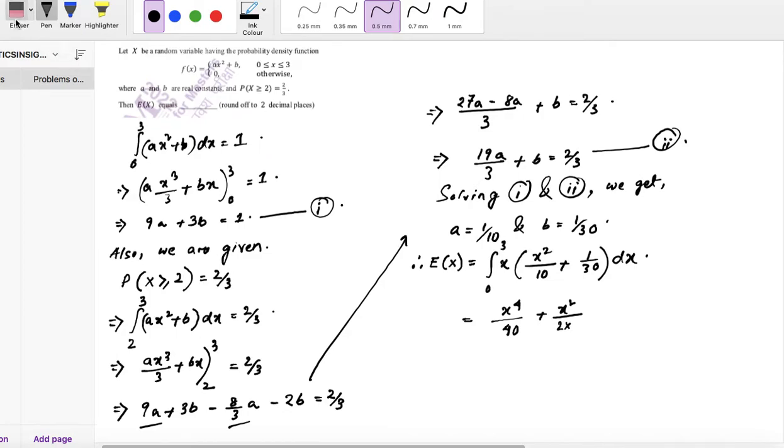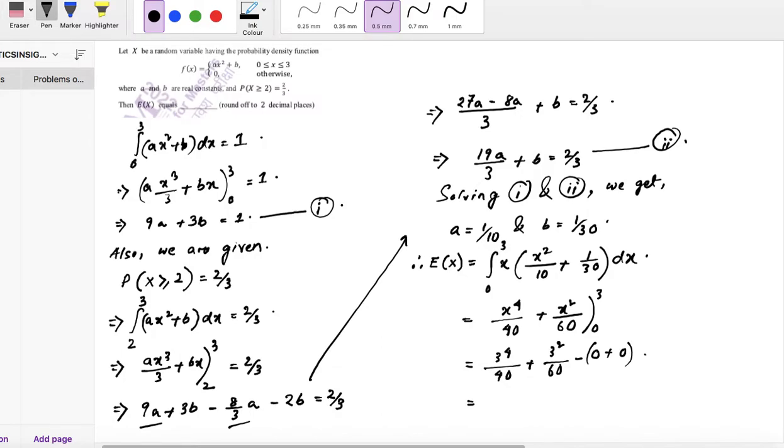So 2 into 30 is 60. Okay, from 0 to 3. After computing, 3 to the power 4 by 40 plus 3 square by 60 minus 0 plus 0.